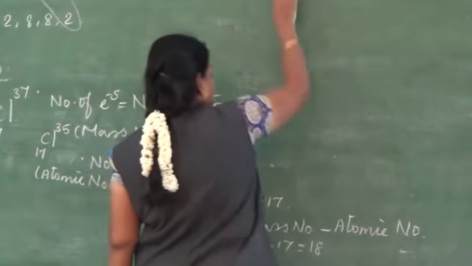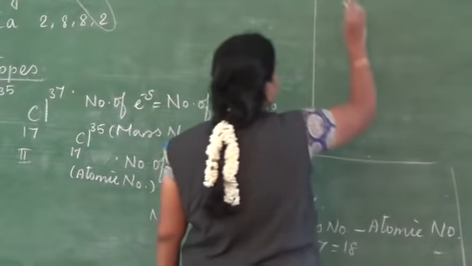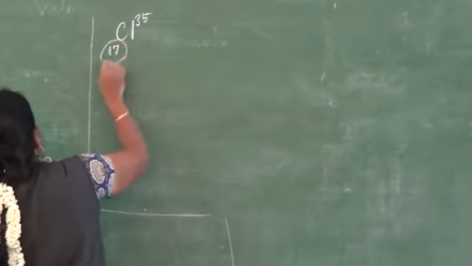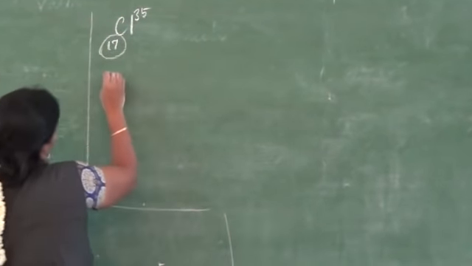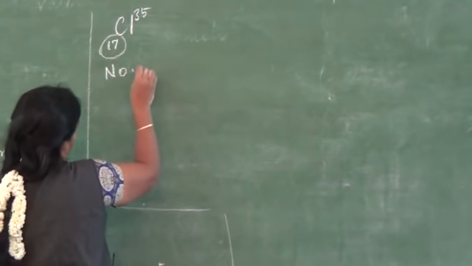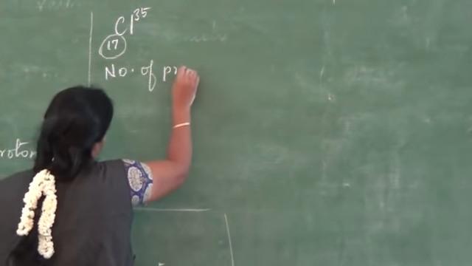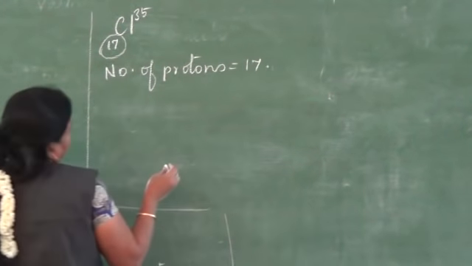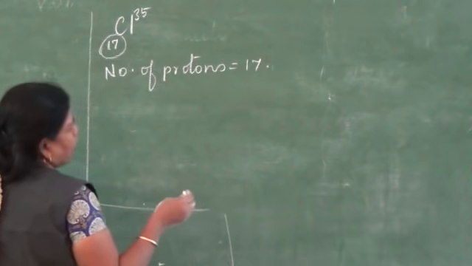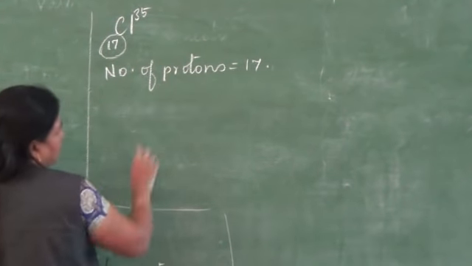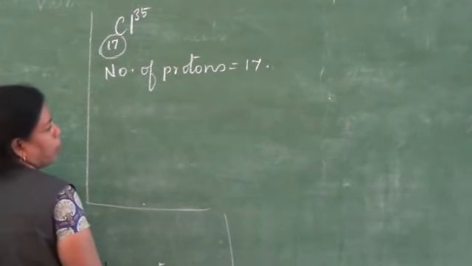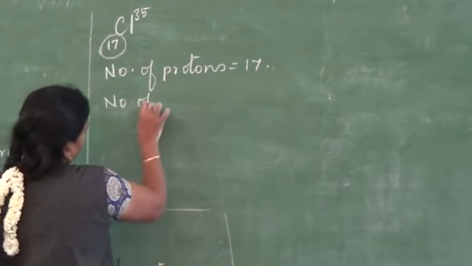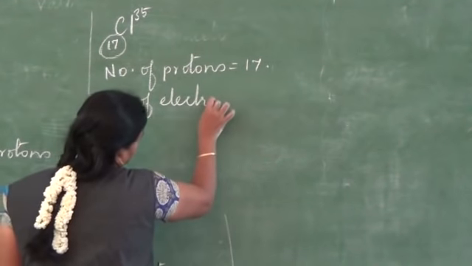Let us see the second case, chlorine 37. Already I told you the atomic number denotes the number of protons. So the number of protons possessed by the second case is 17. If the number of protons is 17, the number of electrons is also 17, because protons are positively charged and electrons are negatively charged, and both are equal in number for an electrically neutral atom.